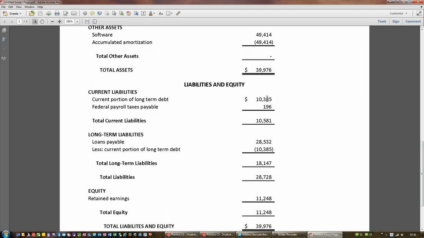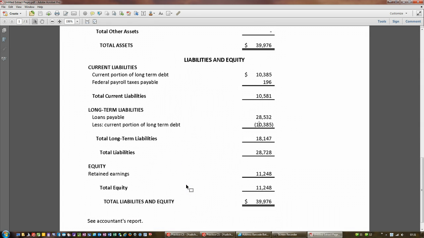This is important to know because for operations we need to know that over the next 12 months we've got principal payments on this loan that are going to equal $10,385. So our business needs to generate cash to pay off these short-term principal payments. And then when we add the current portion with the long-term portion, we're going to come up with our total liabilities.